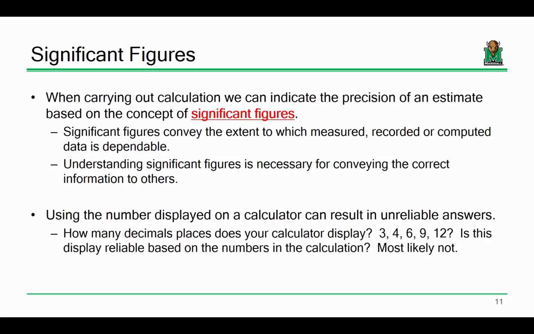So the calculator doesn't always know the precision of the data that's going into it. It'll calculate as many decimal places as it can in its memory, but it's possible that all of those decimal places aren't actually lining up with the precision of the underlying data that we used. So it can give you unreliable answers.